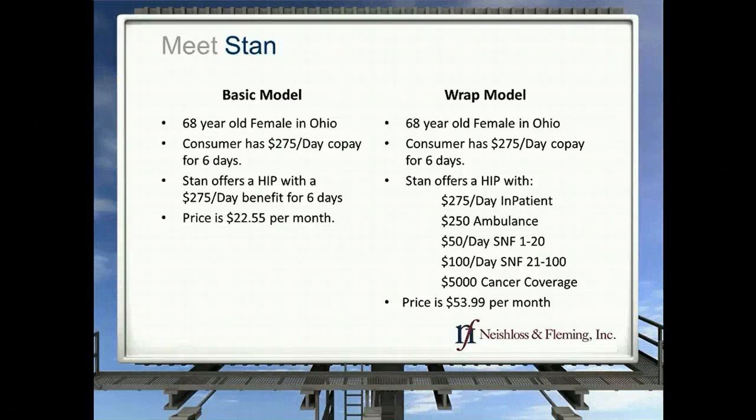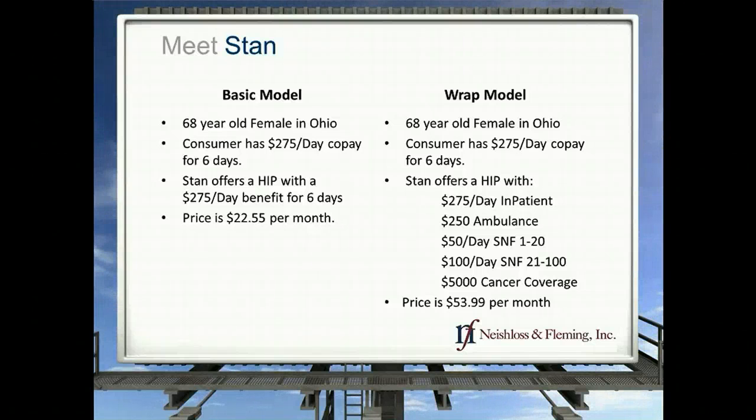Basic approach. Now with the wrap model, in talking about some of the other riders that are available, Stan approaches this consumer. They have the $275 per day copay for 6 days.